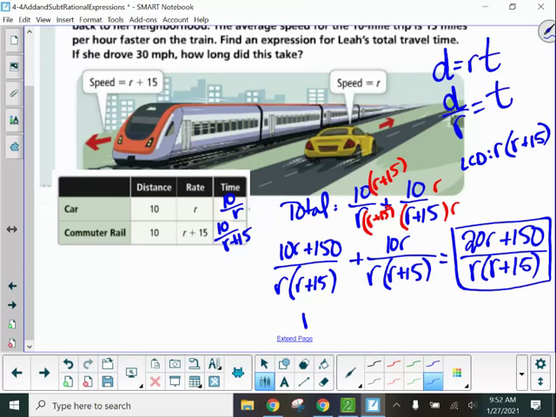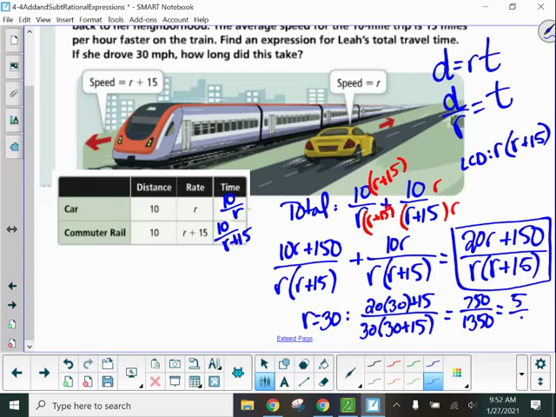Now, if R is equal to 30, then I can replace the R's in that with 30. So I'm going to have 20 times 30 plus 15 all over 30 times 30 plus 15. Whenever you do the math on that, you're going to get 750 divided by 1350, which is 5/9 when you simplify it, and this would be 5/9 of an hour, which is about 33 minutes.